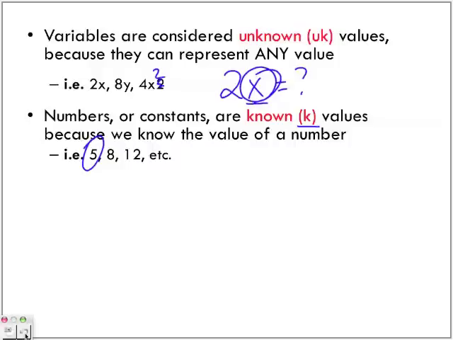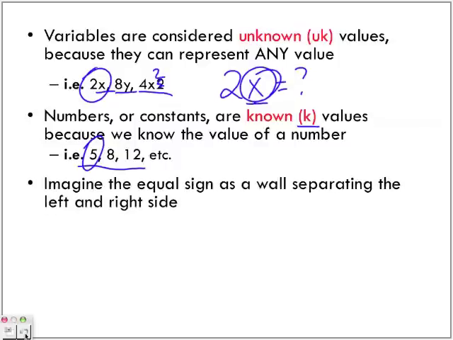It could be anything, but we know how many. But if we said 2x bananas, 2x apples, who knows how many we have? We have to find out what that x is. So that's why anything that consists of a variable is considered an unknown value, and anything that is a constant is a known value.